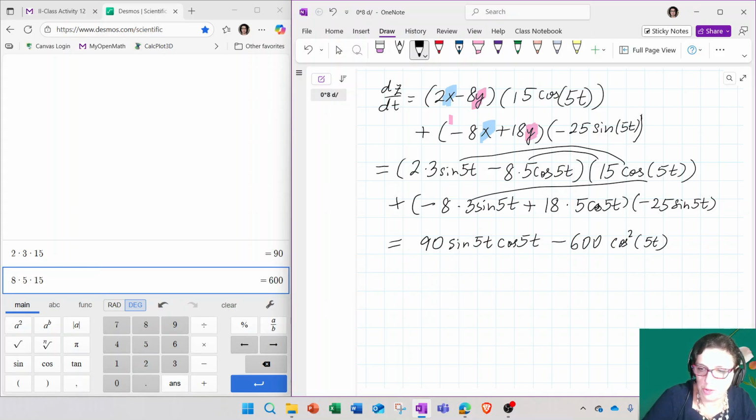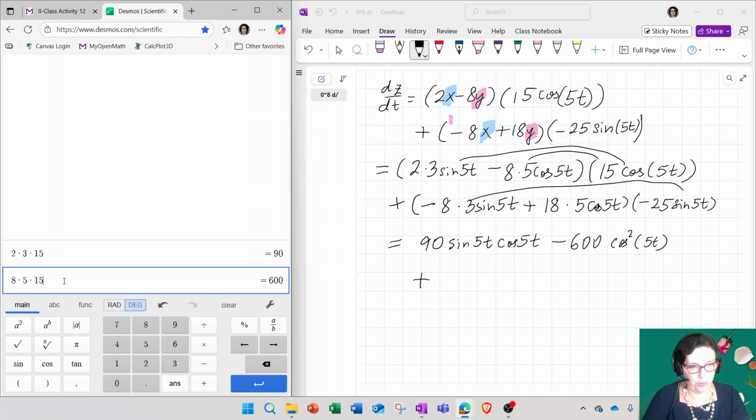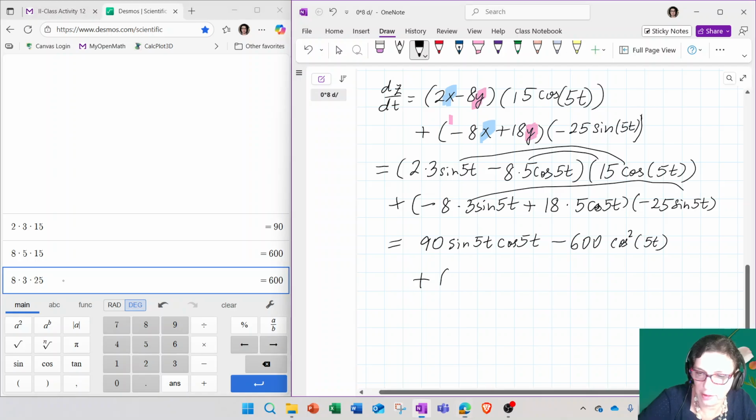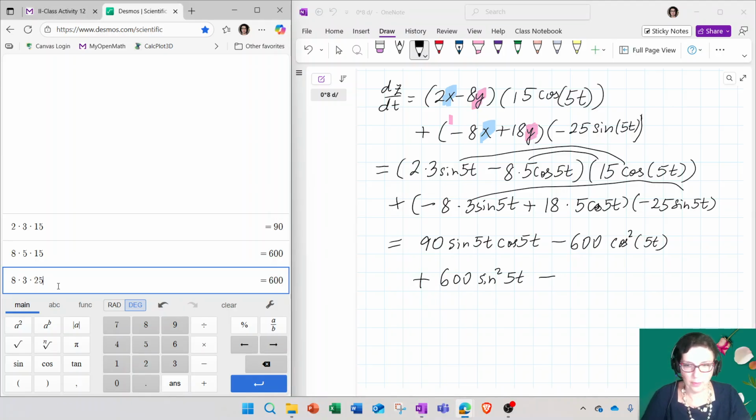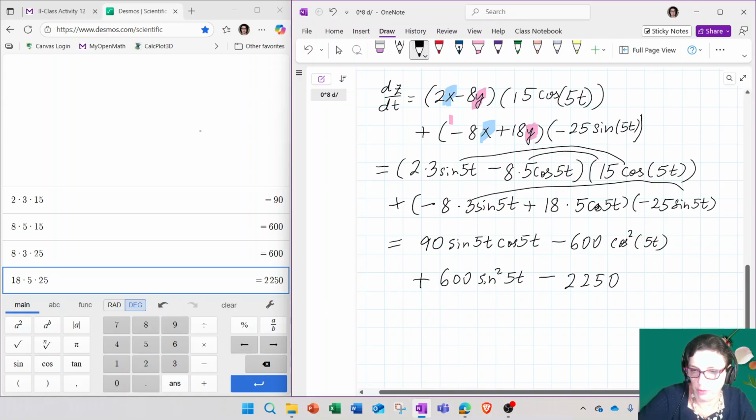Then I'm going to multiply this way, which is going to give me plus 8 times 3 times 25, which is also 600, and then that's sine squared 5t. And then minus 18 times 5 times 25, minus 2250 sine 5t cosine 5t.